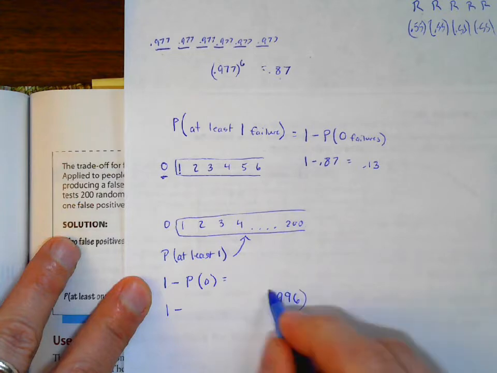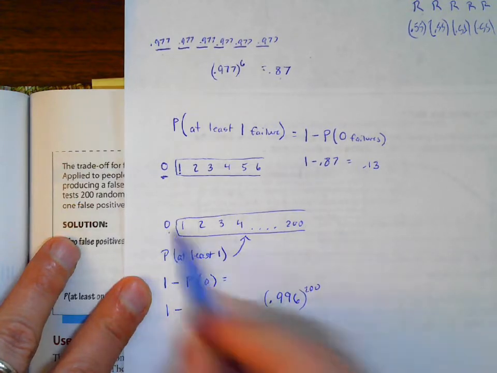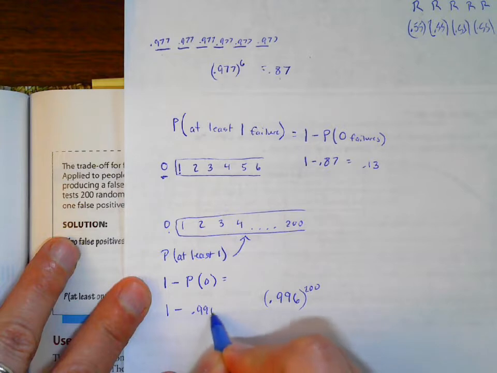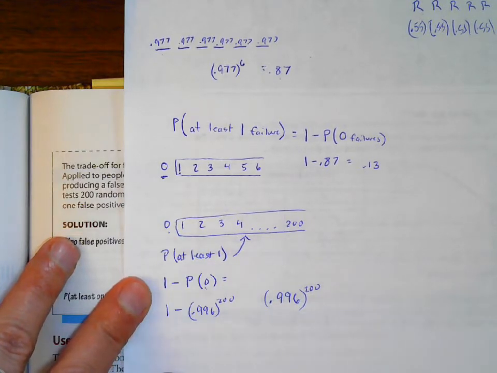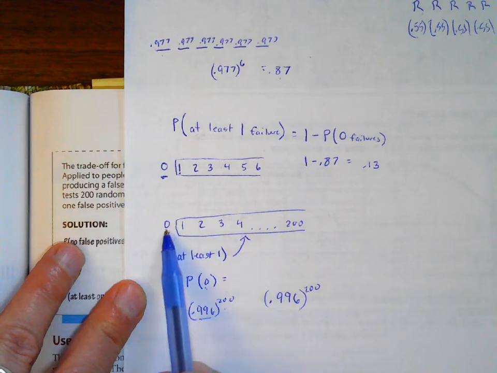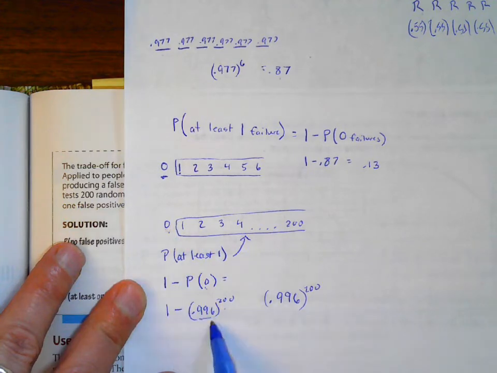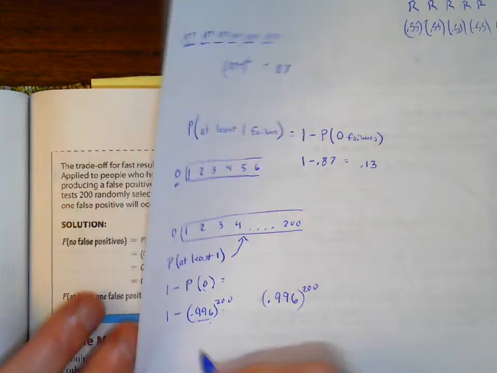So if I multiply this together by itself 200 times, that's the probability of 0 of them. Okay, so think through that. This is the probability that they test negative, and I need all 200 people to test negative.